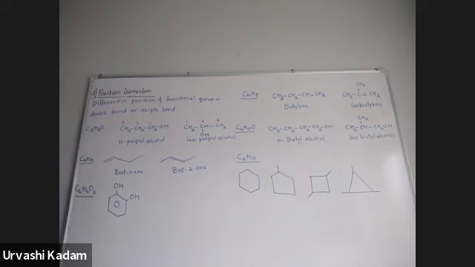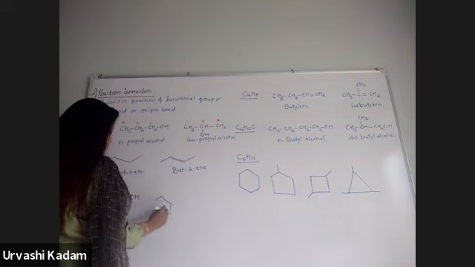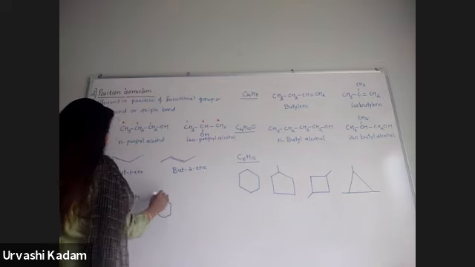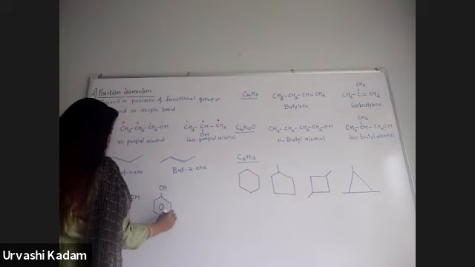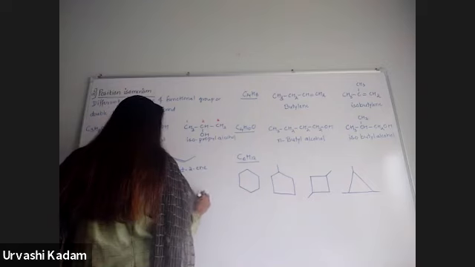So this is also called the ortho position, or its positional isomer will have the position of the OH groups on the ring changed. So if I write 1-3, what are these two of each other? Position isomers. And see the next.